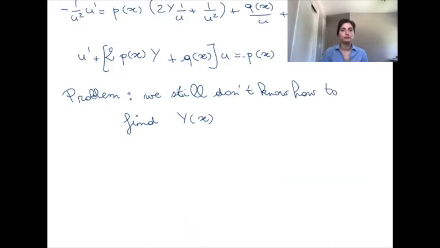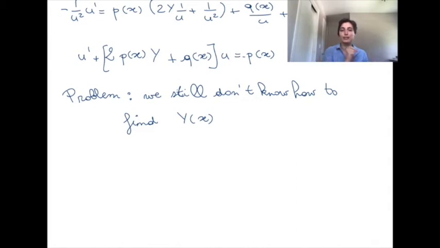And now we have an equation that depends on y and u, in which, by simplifying the setting, we have u prime plus a function of x multiplied by u equals minus p(x). So this is non-homogeneous, non-constant coefficient, but it's first order, so we know how to solve these equations.